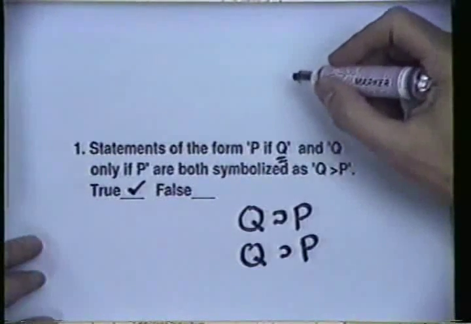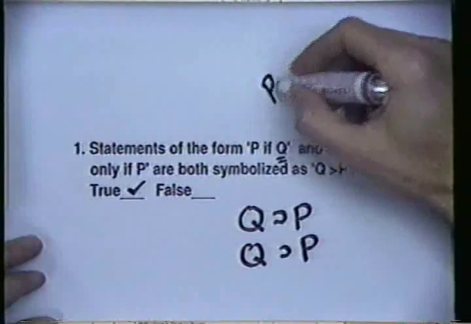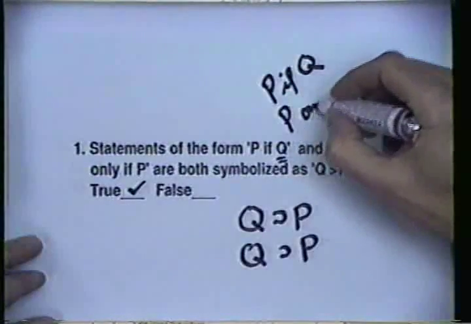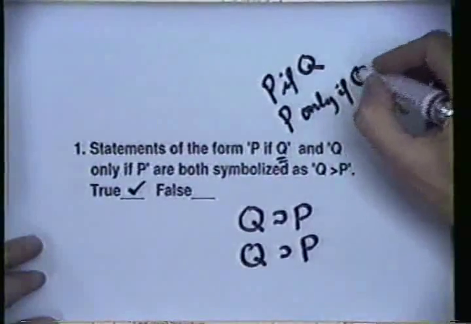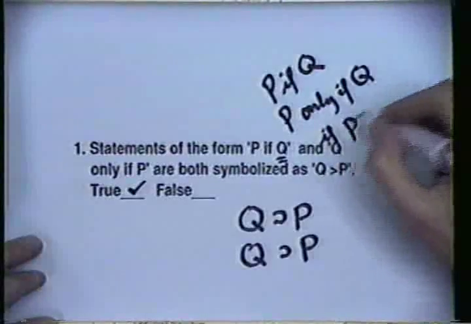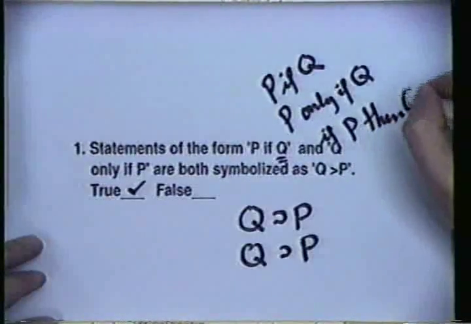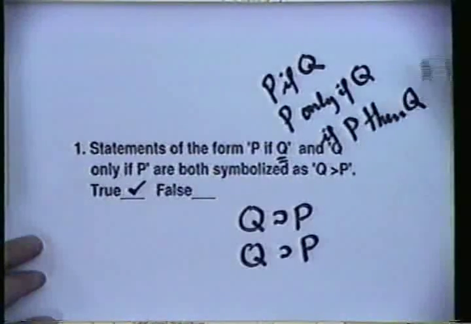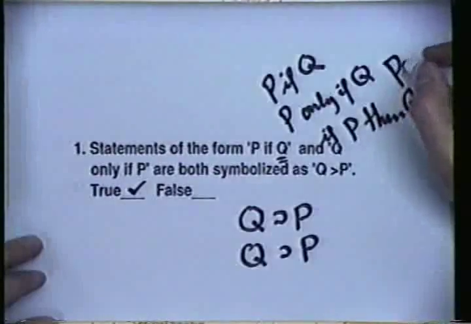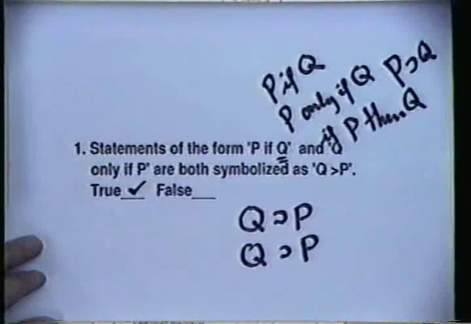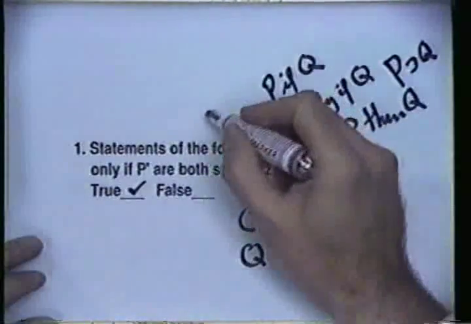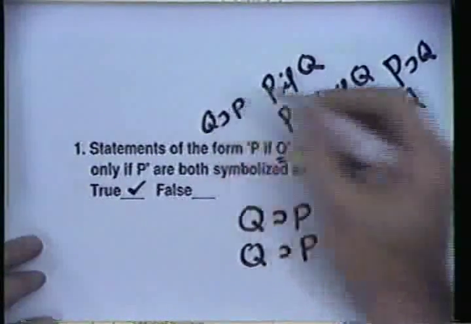Notice we've got three standard English expressions here: P if Q, P only if Q, and if P, then Q. Notice these two are longer, and those two then get symbolized the same way. They are P hooks Q, but P if Q requires that we invert the order, and so for that we get Q hooks P.